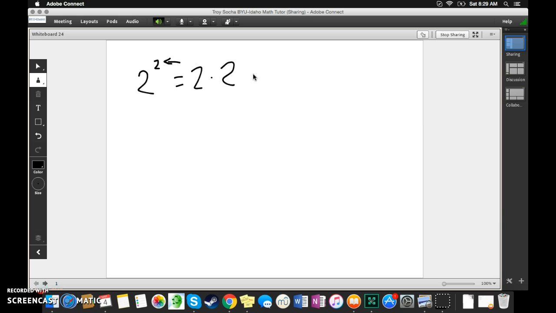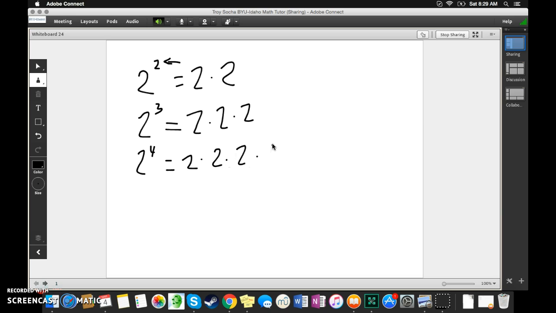So 2 to the 2 is 2 times 2. 2 to the 3 is 2 times 2 times 2. 2 to the 4 is 2 times 2 times 2 times 2. 2 to the 5 is 2 times 2 times 2 times 2 times 2, and so on forever.